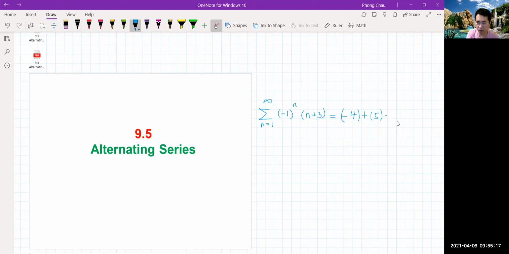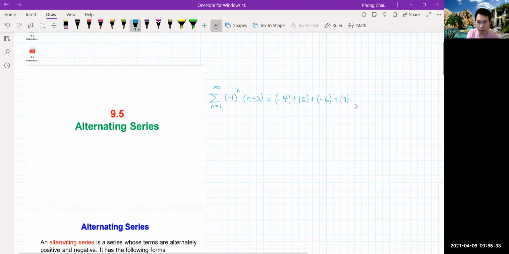And then the next term is negative 1 to the third. It's odd, so we get negative again, and 3 plus 3 is 6. So you can see it will alternate positive, negative, positive, and negative. Then the next one will be positive 8, and so on.